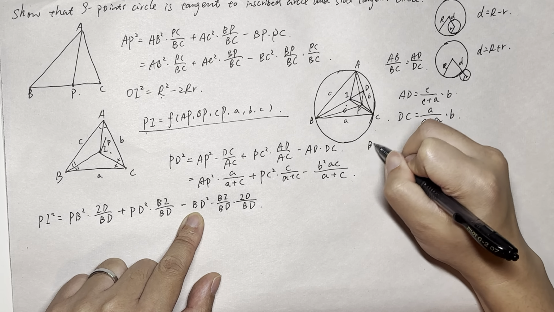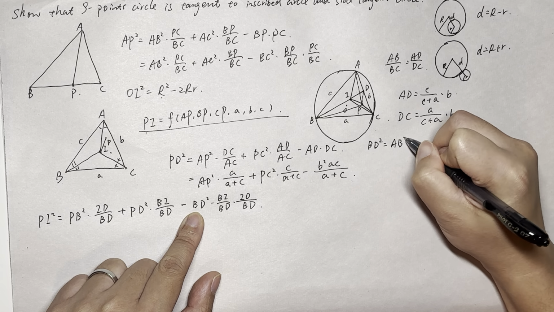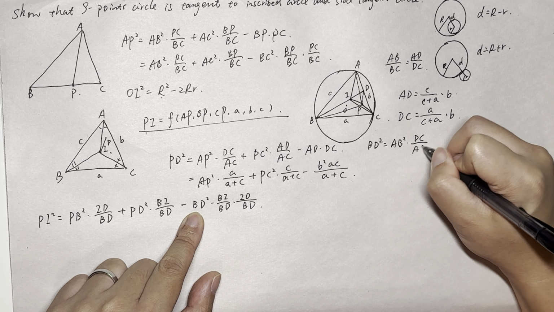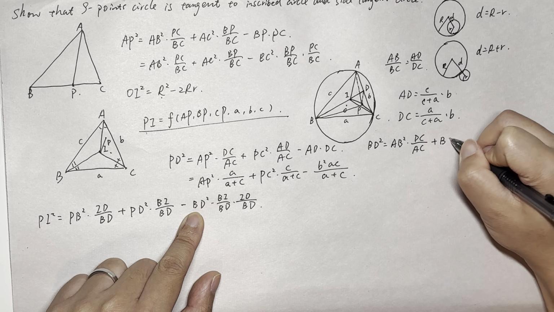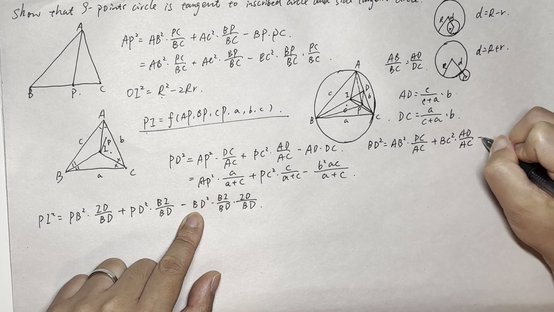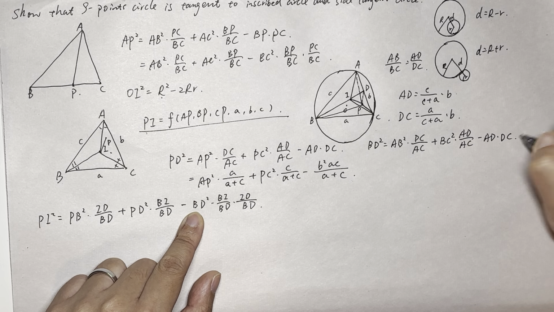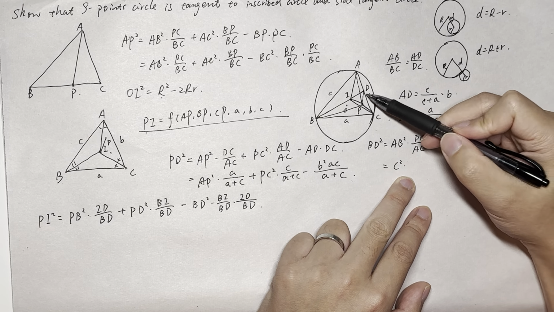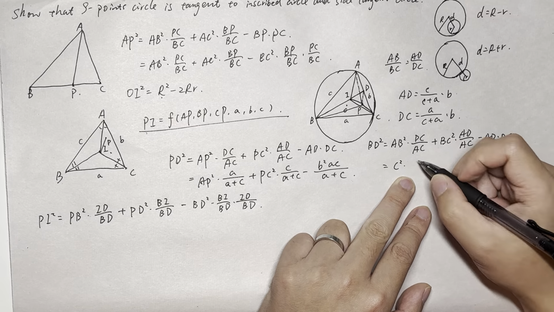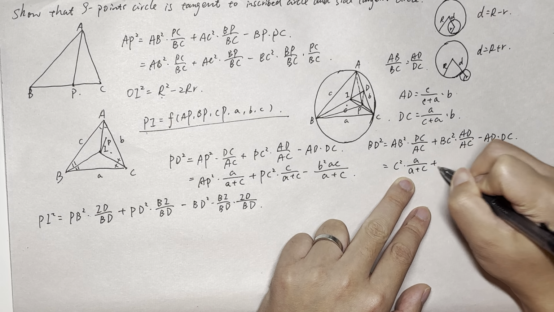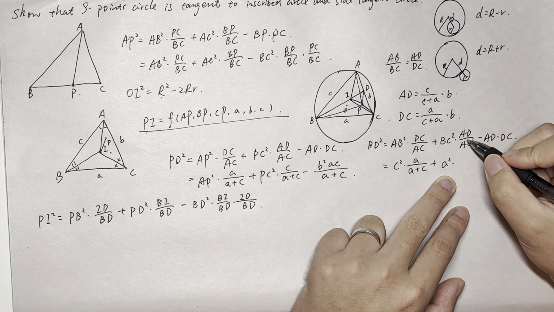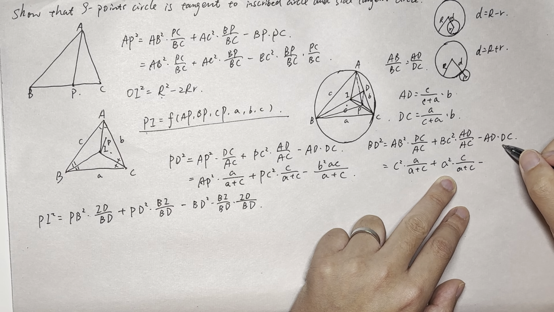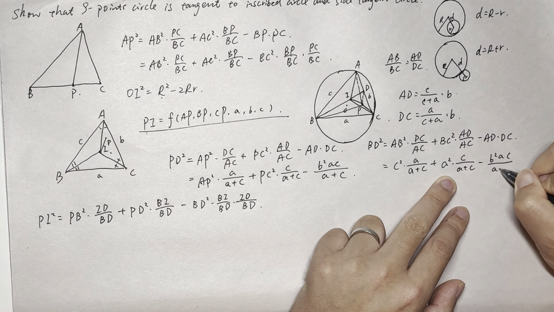So BD square equals AB square times DC to AC, plus BC square times AD to AC, minus AD times DC, right? It equals AB square, that is C square times DC to AC, so it's A to A plus C, plus BC square, that's A square times AD to AC, that is C to A plus C, minus AD times DC, that is B square AC to A plus C, right?